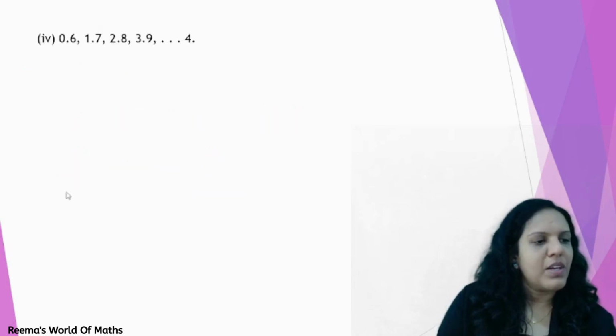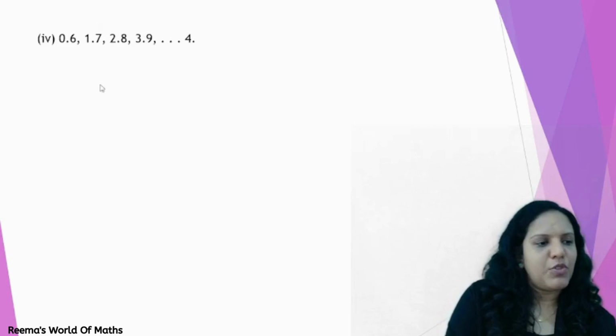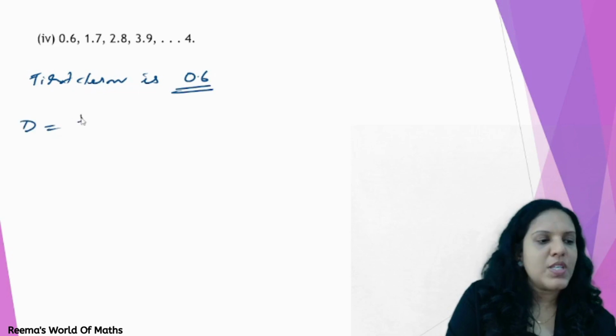Next question, 0.6, 1.7, 2.8, 3.9 and so on. So the first term here is 0.6, and common difference equals second term minus first term.